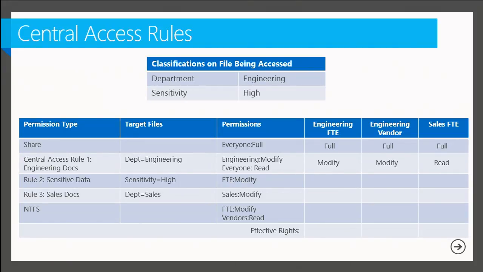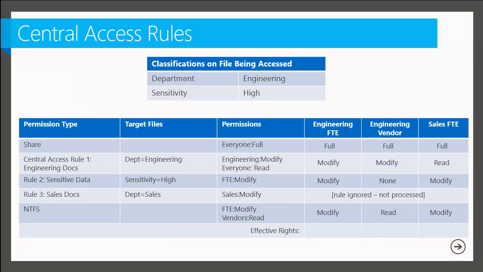And a salesperson who only gets read. Because of the sensitive data rule, the vendor has no access whatsoever. But both FTEs should have modify permissions. The third rule is only applicable to files that are marked as sales. Therefore, it is ignored completely at this point.